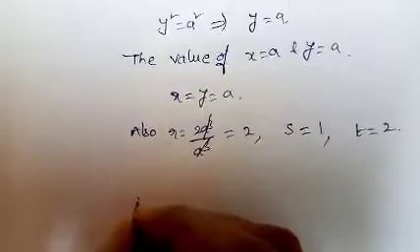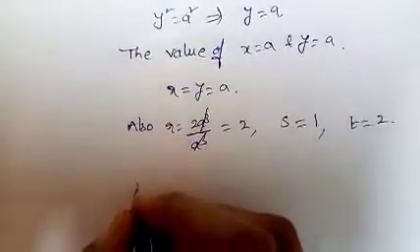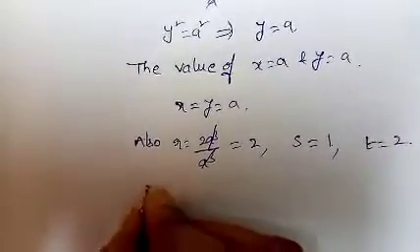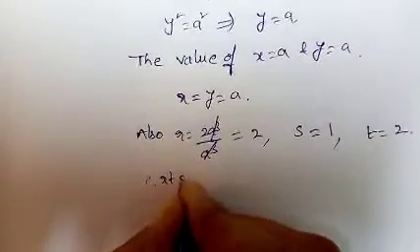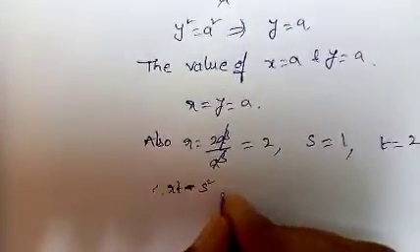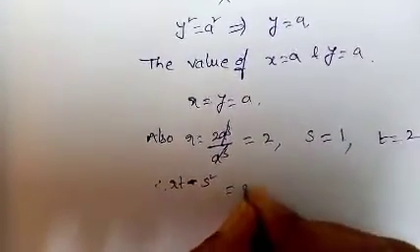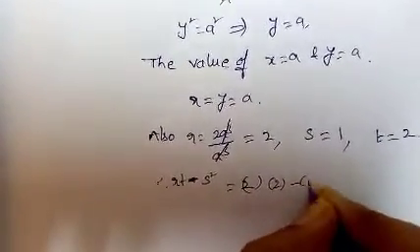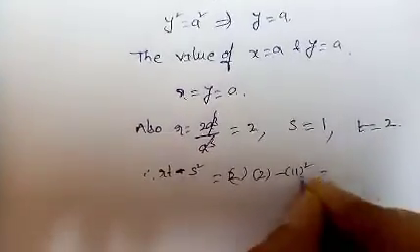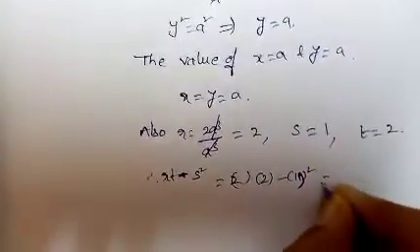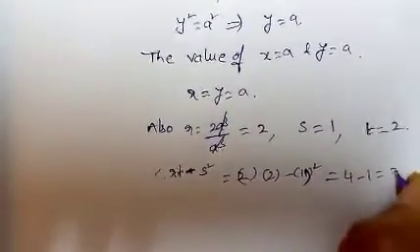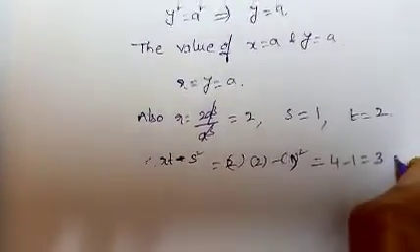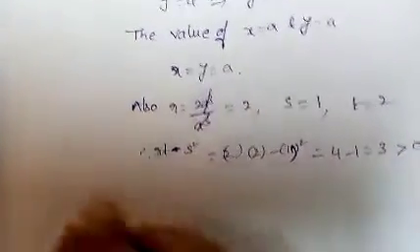So now therefore we have to find out rt minus s square. So then r value is 2 into 2 minus 1 whole square, which implies 4 minus 1 which equals 3. So that value is greater than 0.